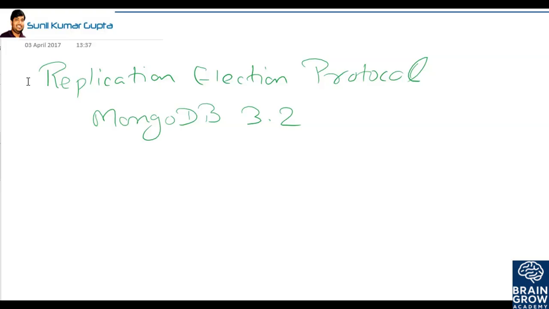So now MongoDB election follows protocol version 1. Earlier, before 3.2, it was protocol version 0. This is also something we have to keep in mind.